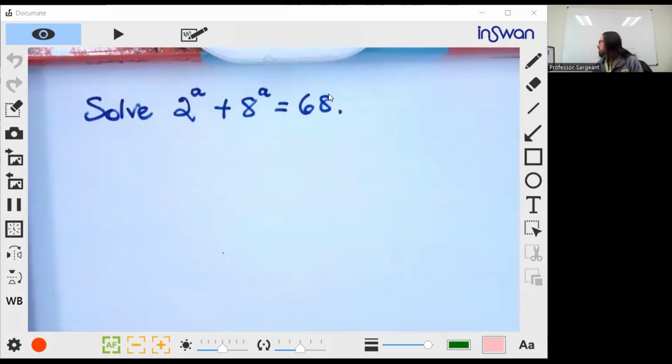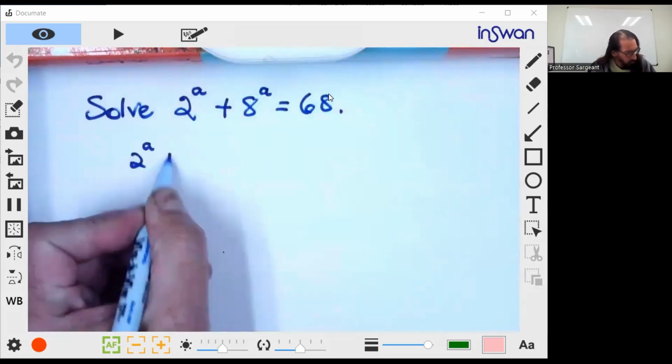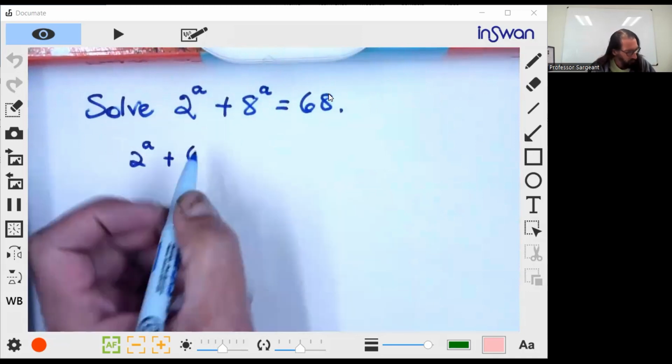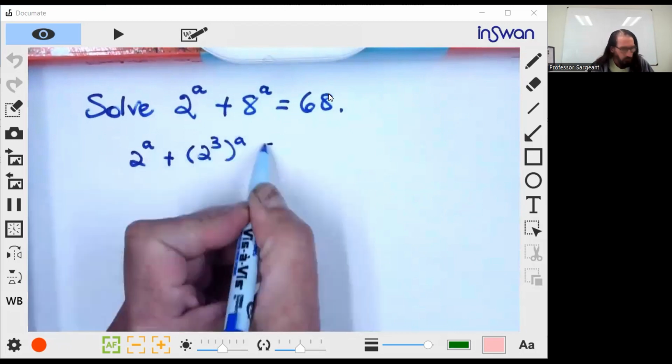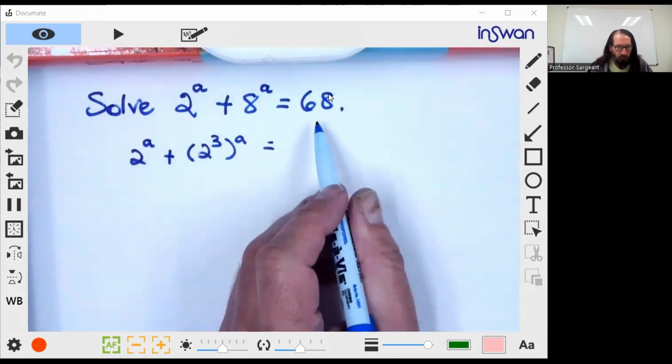All right, so the commenter said that finding that a equals 2 is a solution is very straightforward. Okay, let's rewrite 8 as 2 cubed. Also, 68. 2 goes into that 34 times.